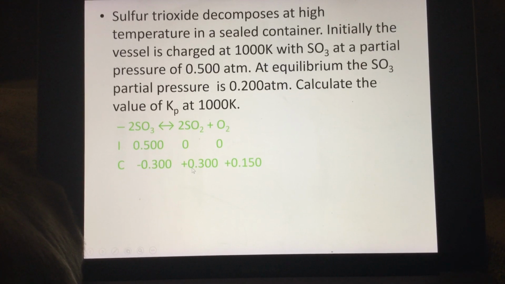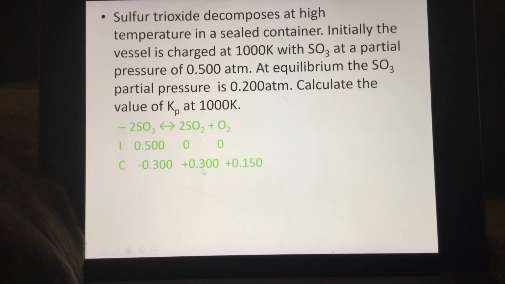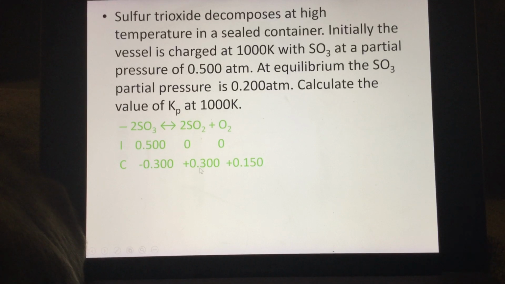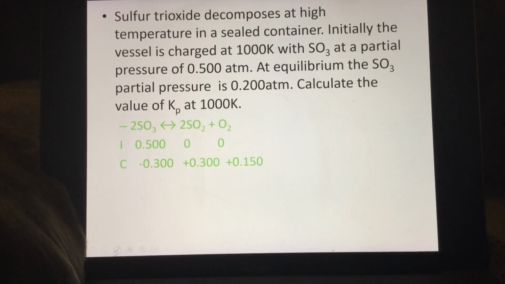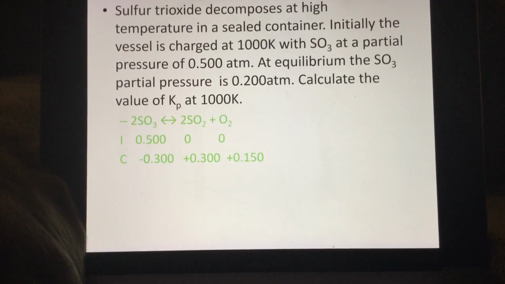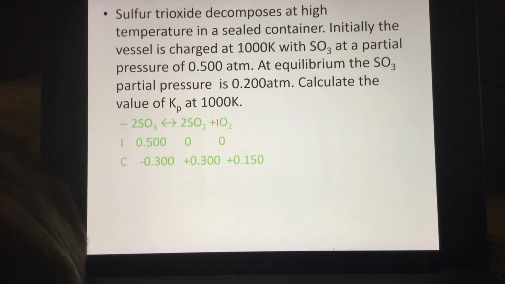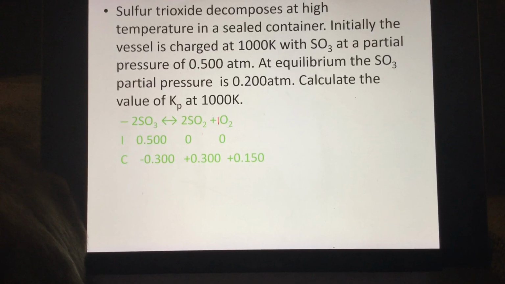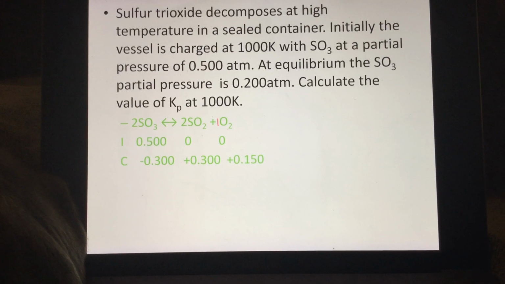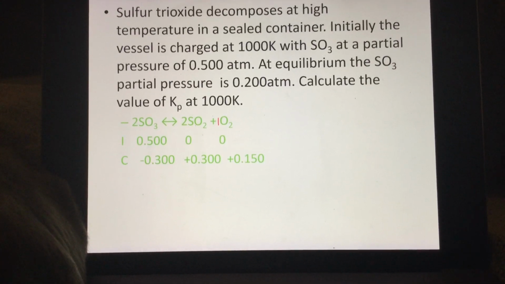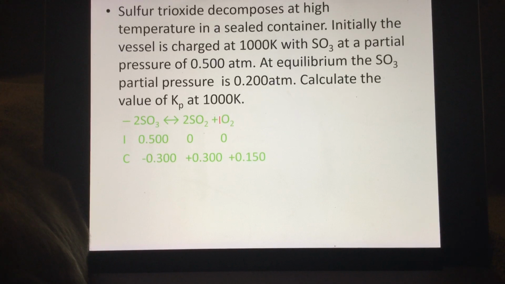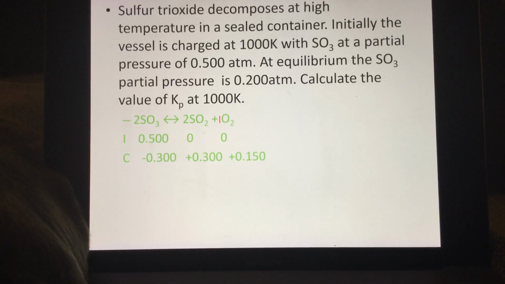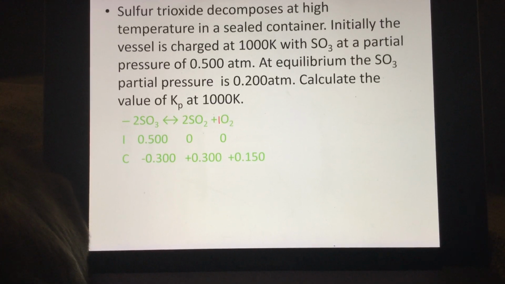That means that the sulfur dioxide is increasing its pressure by 0.300, but the oxygen, because there's a 1 here, its pressure is only going to increase half as much as the sulfur dioxide. So its change in pressure is increasing by 0.150.